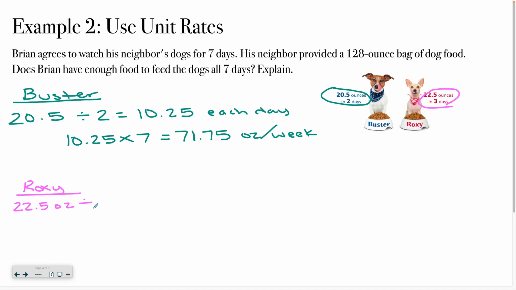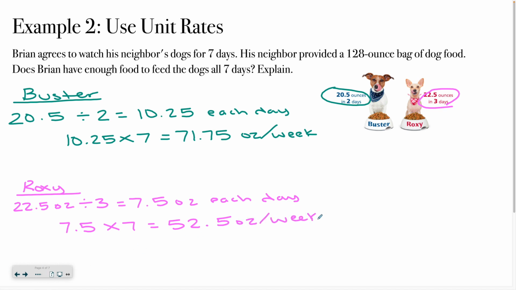So I'm going to do 22.5 ounces divided by 3, and I see that she eats 7.5 ounces each day. Then to figure out how much she eats in a week, I would do 7.5 times 7, so how much she eats each day times the number of days in a week. And I get 52.5 ounces per week.